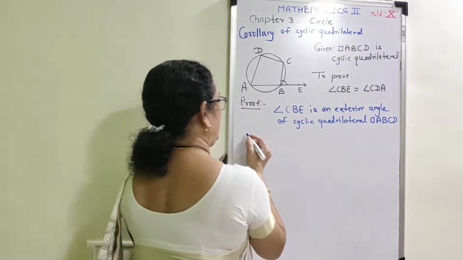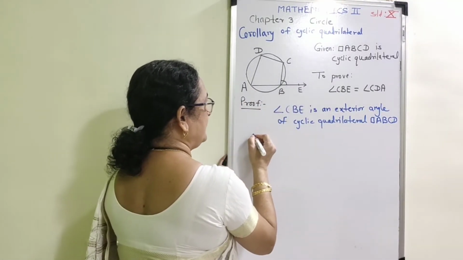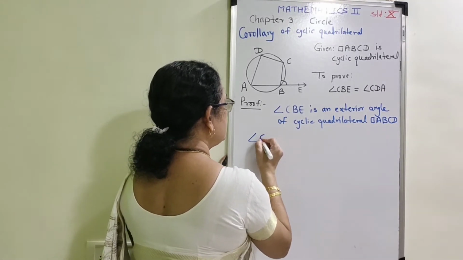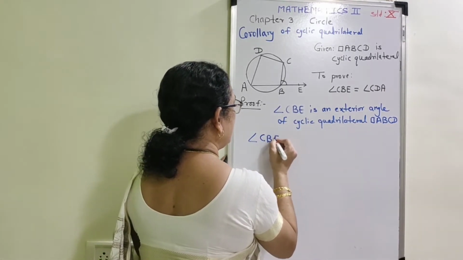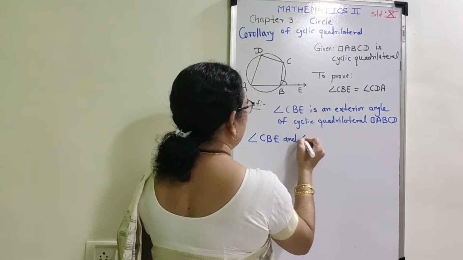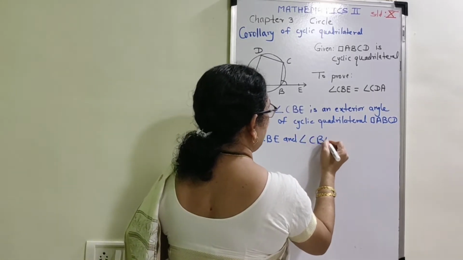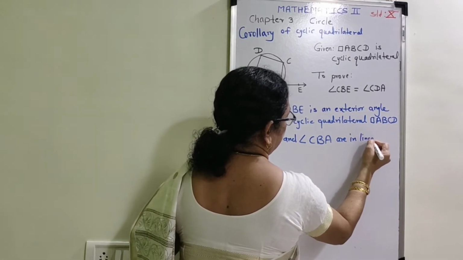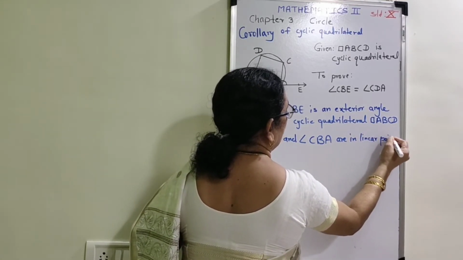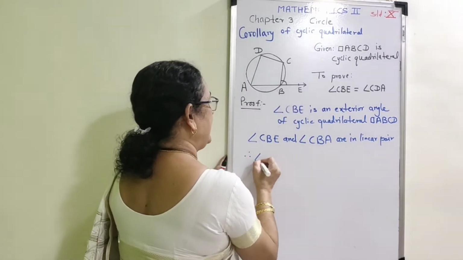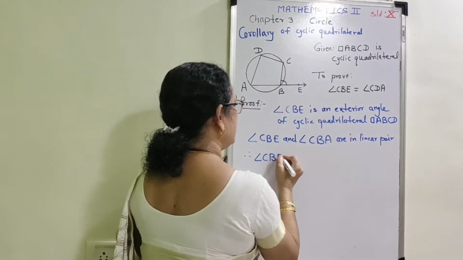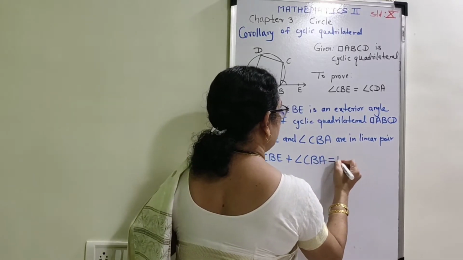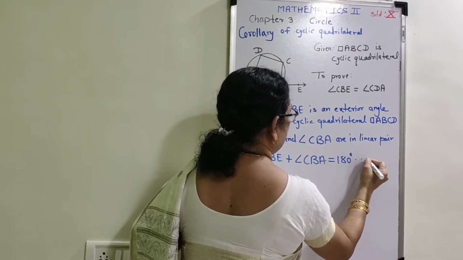Now here first step, angle CBE and angle CBA are in linear pair, and therefore angle CBE plus angle CBA is equal to 180 degrees.